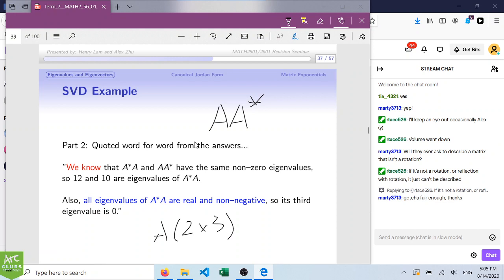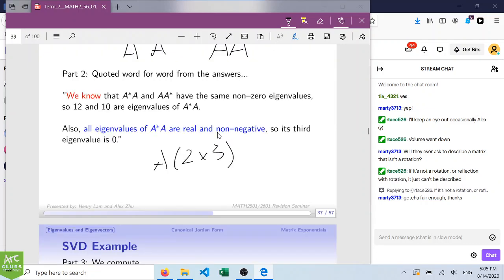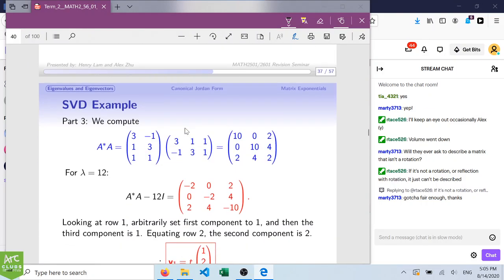So the set of eigenvalues in here is going to equal the set of eigenvalues in here. So we're going to simplify a lot of the calculations.